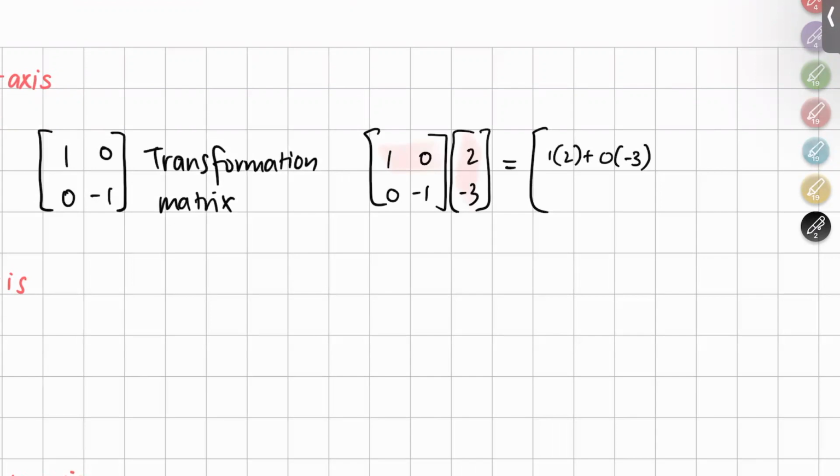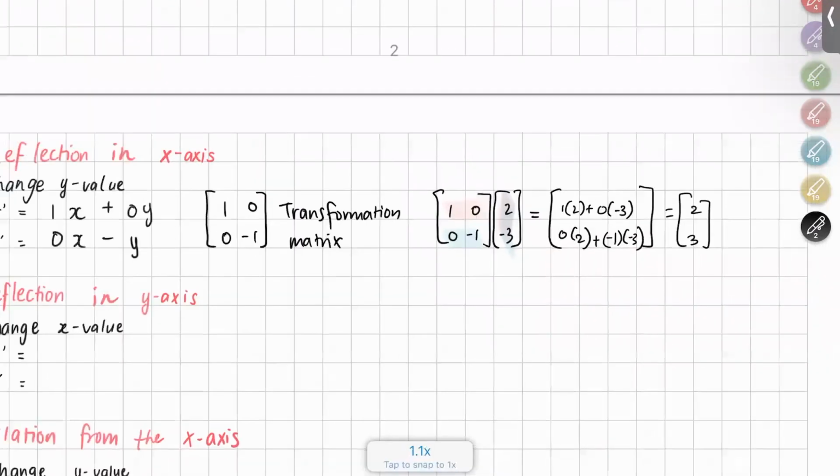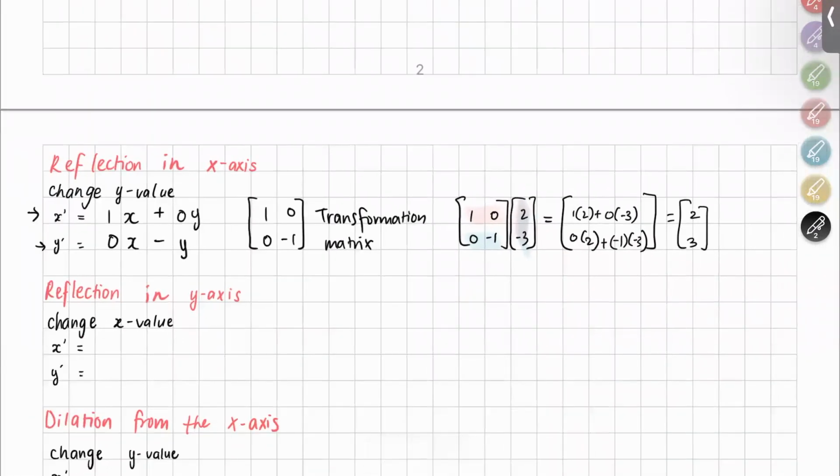And then you have the next one, row by column. You have 0 times 2 plus negative 1 times negative 3. And this gives you 2 and 3. So obviously you can see that it has had an impact on the y value by negating it, which reflects a reflection in the x-axis.